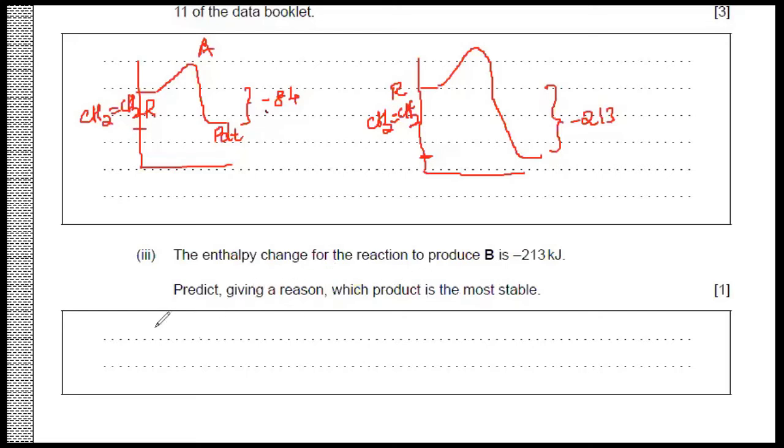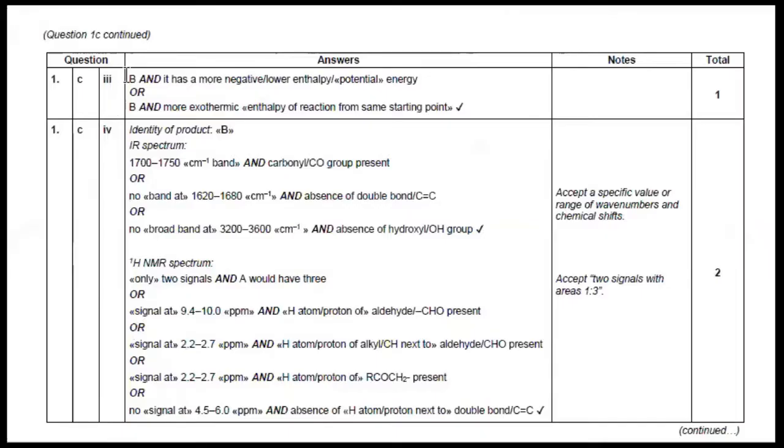Which is more stable? B is more stable because it is more exothermic. B released more energy and hence it is more stable, or B has a lower energy level than A. This is the answer key: B is more negative, its enthalpy is lower, its potential energy is lower.